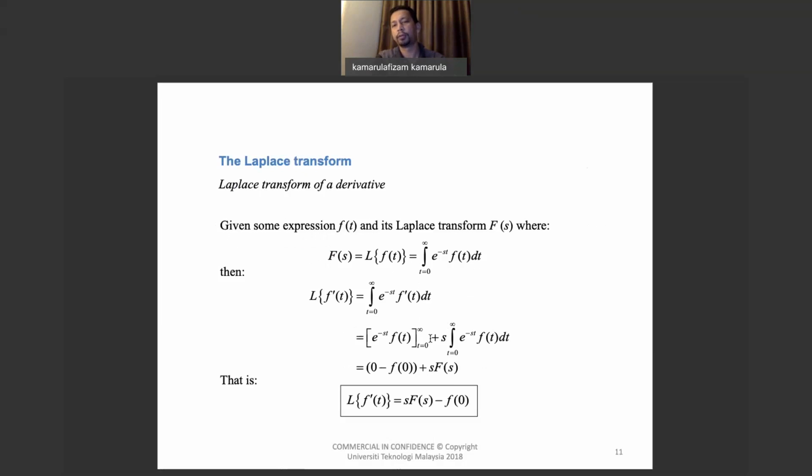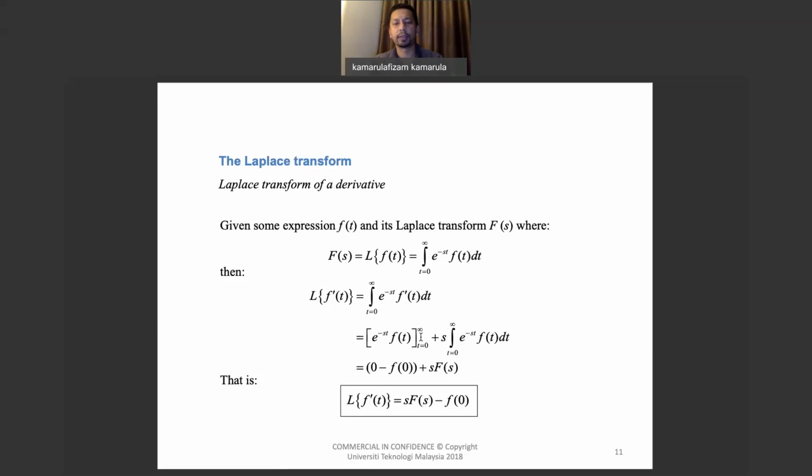Not only can you transform a function in terms of a constant number, but you can also transform derivatives. In this case, for example, f(t) is in the form of a derivative. So you put f(t) in the Laplace transformation equation, and you have s and then the integration of the function f(t).